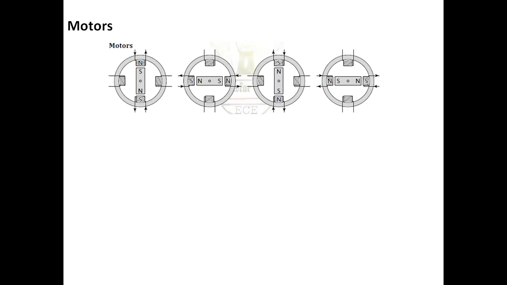You can also see the series of energizing of these coils, which are wound on the stators. The series of energizing of these coils will make the rotational motion. By energizing the electromagnet clockwise, the movement will also happen in the clockwise direction.